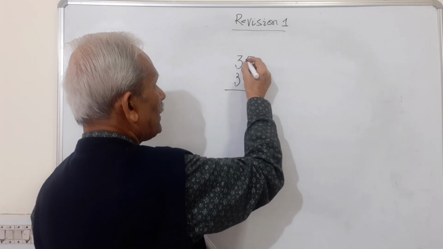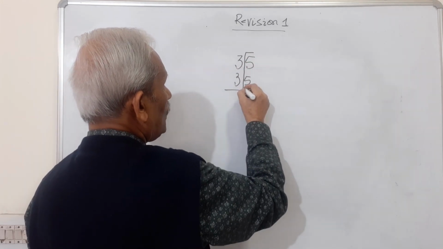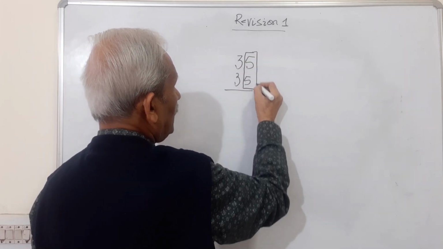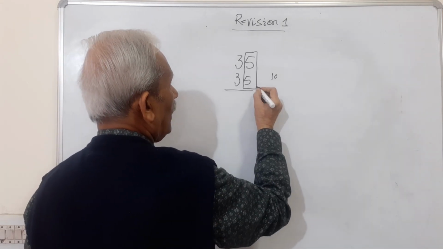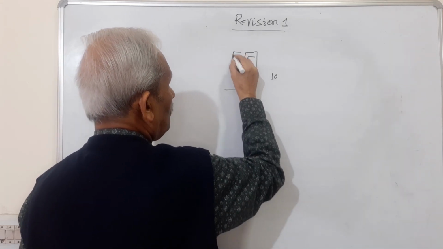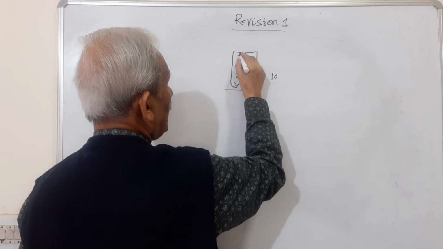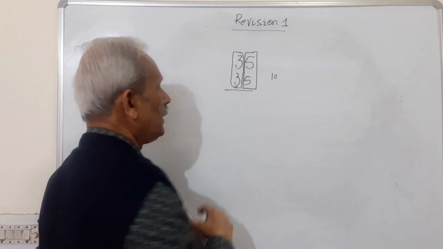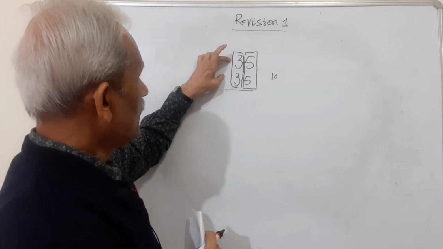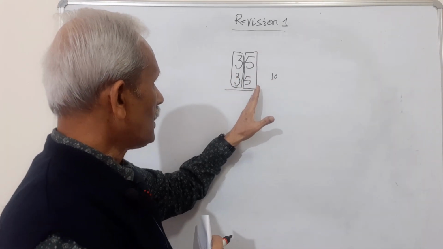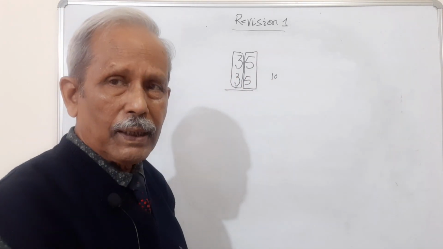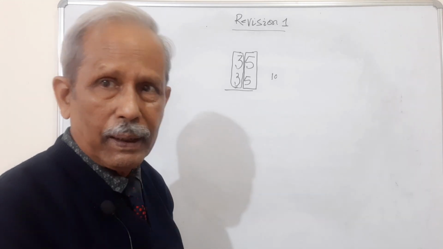Here the specific thing is this: the total of the numbers in the ones place is 10 and the numbers in the tens place are the same. Here it's 3 and 3. And the total of the numbers in the ones place is 10. In such a case, Ekadhikena Purvena is applicable.